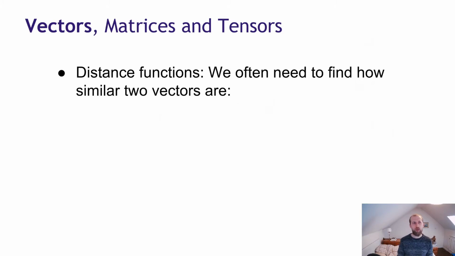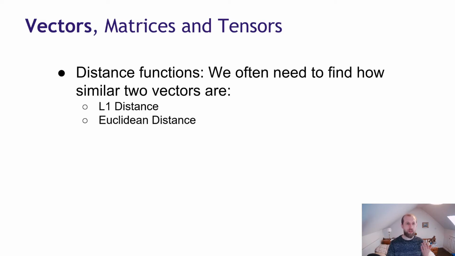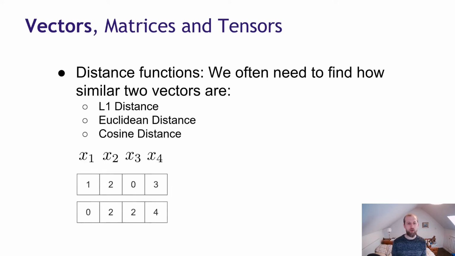One of the nice things that we can do with vectors is try to work out the distance between these vectors. There are a few different ways that we can do that. What this allows us to do is work out how similar two vectors are. So you've got the L1 distance, the Euclidean distance, and cosine distance as a few examples.